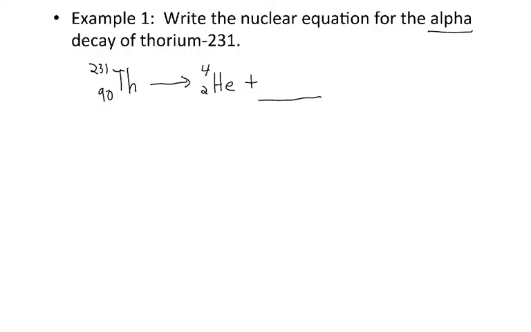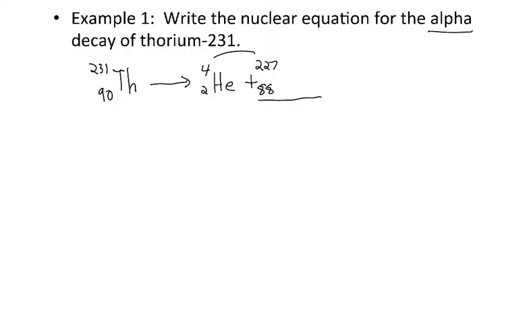So doing some simple math, for the right-hand side to equal 90, the atomic number of the daughter has to be 88. And for these two to add up to 231, 4 plus 227 means 227 is the mass number of the daughter.